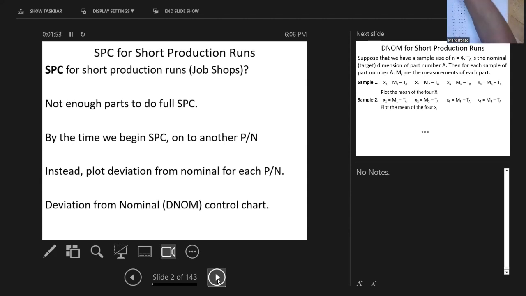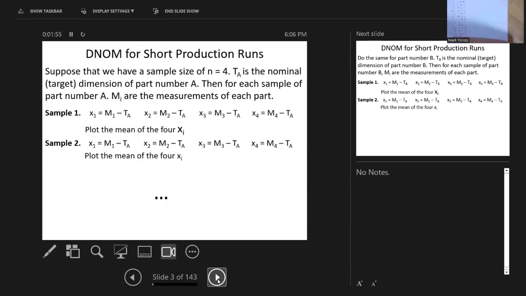control chart. And so what you do, suppose you're looking at, say, 2 different parts, and the sample size is going to be 4, and you have a target dimension of part A and a target dimension of part B. So for part A, you have the mean of those parts over here.